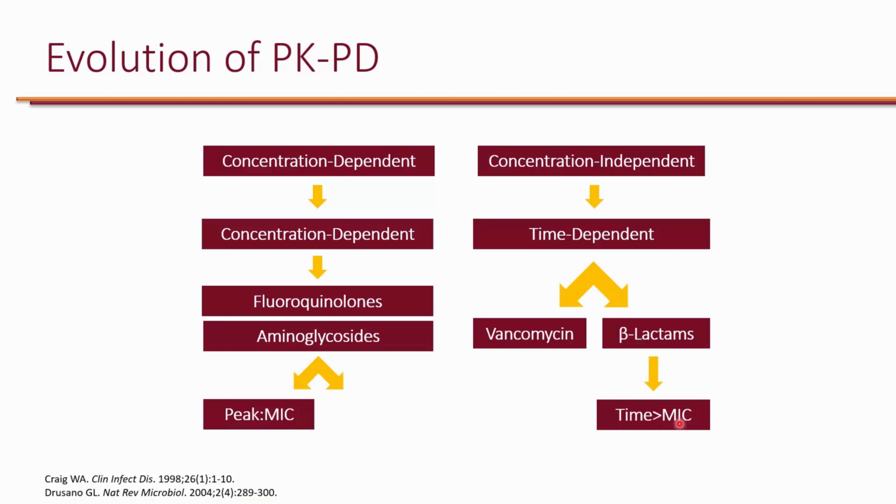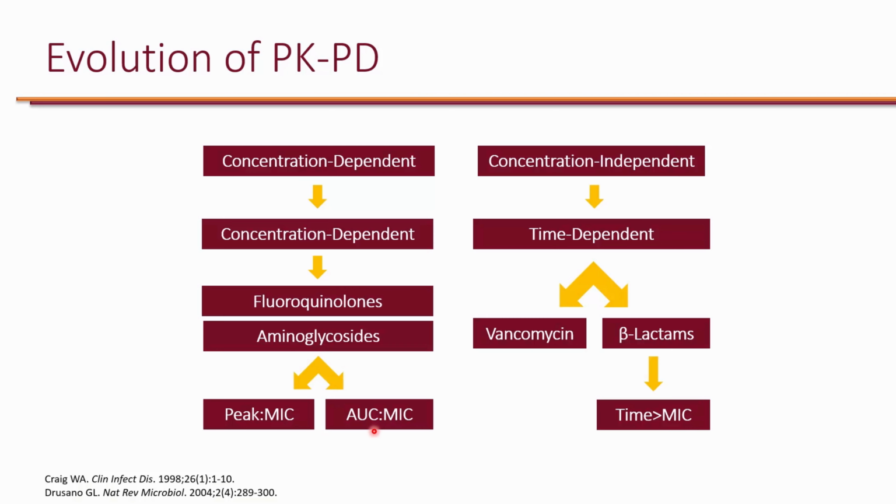Now compare that to concentration dependent. If you have a high concentration, the ratio of peak concentration to MIC, the higher this ratio, the greater the maximum amount of killing. And then there's the concept of AUC, or area under the curve to MIC ratio, which is used for aminoglycosides and fluoroquinolones, which I will explain more.